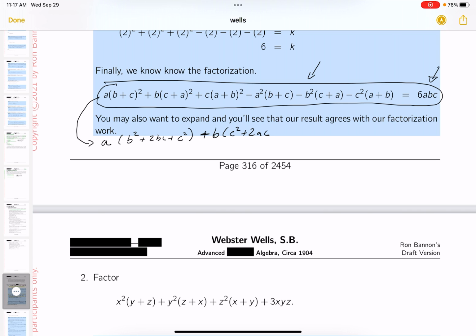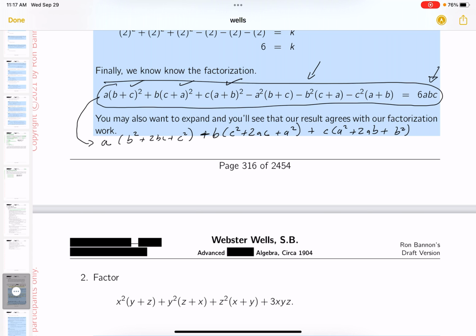It's a nightmare for me. I'll be honest with you. Plus a squared. I did this one, did this one. Let me do the next one. Plus c, a squared plus 2ab plus b squared. I just did that.